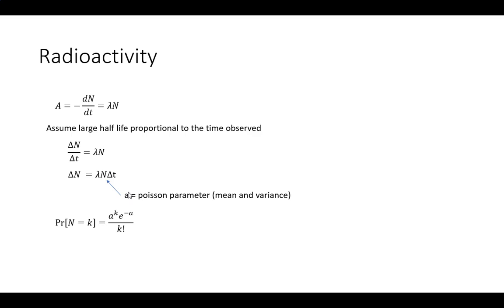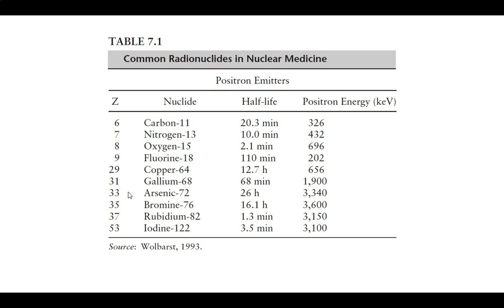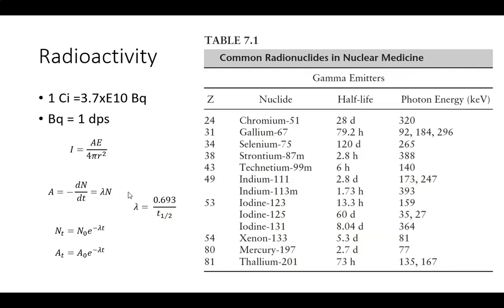If you notice, most of our ones are fairly long. I don't know if that kind of struck you when you look at these. These are in minutes typically for most of the positron emitters. But look at some of these, right? 120 days. Even the 6 hours, or almost 3 days, almost 2 hours, 13 hours.